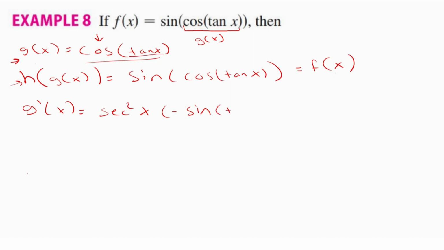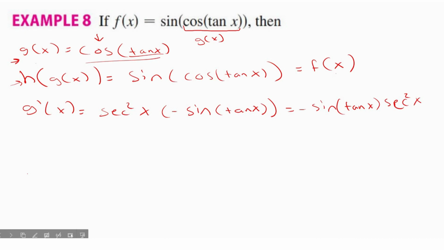So here we can write it as negative sine of tan of x multiplied by secant squared of x. And to find h prime at g of x, we know that the derivative of sine is going to be cosine of this angle, which is cosine of tan of x.